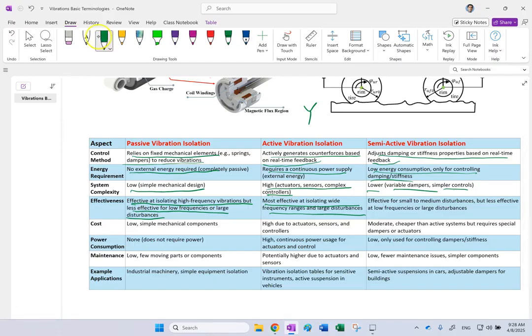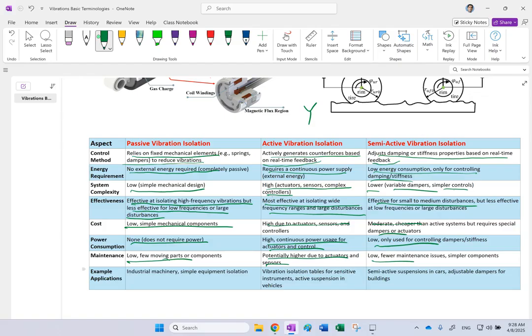The cost, of course, is that active is the most expensive one. Semi-active is moderate and passive is very low. Of course, passive does not use any power. Active uses the max power, and semi-active is exactly the midpoint. The same thing goes for maintenance: low maintenance for passive, high maintenance for active, smaller maintenance for semi-active.